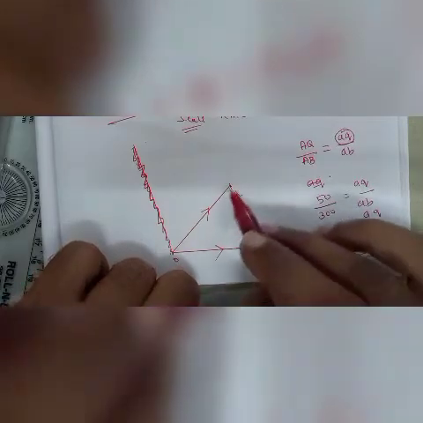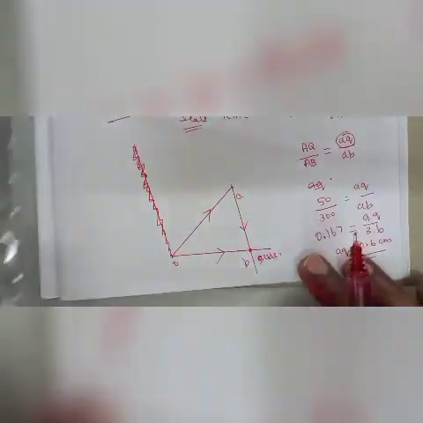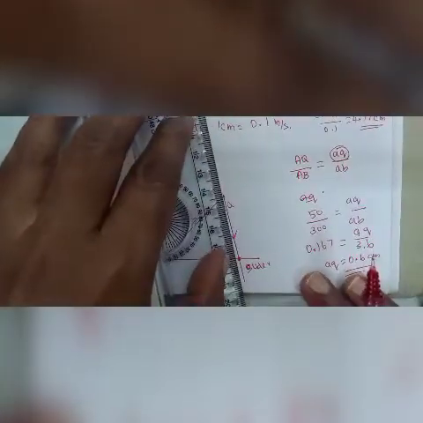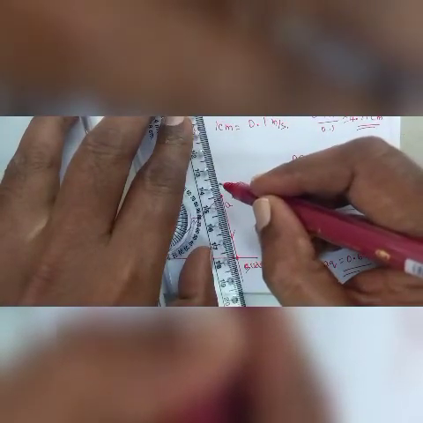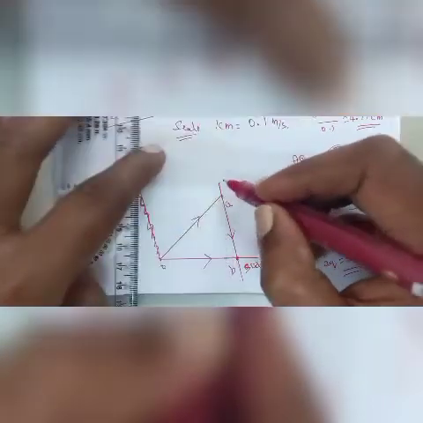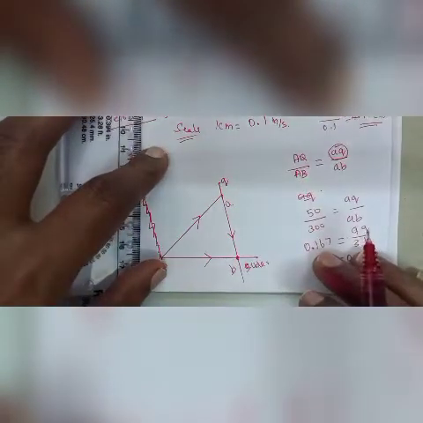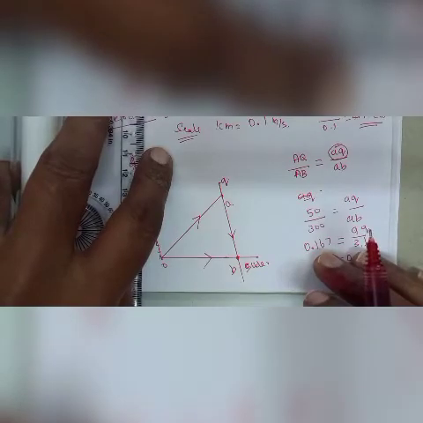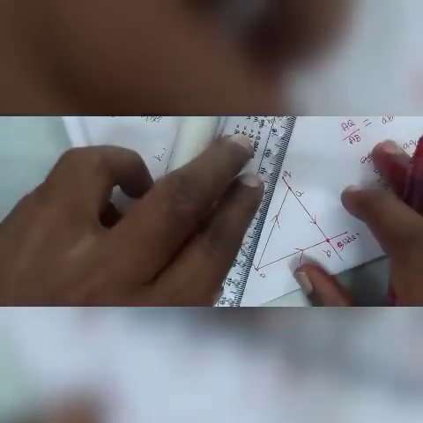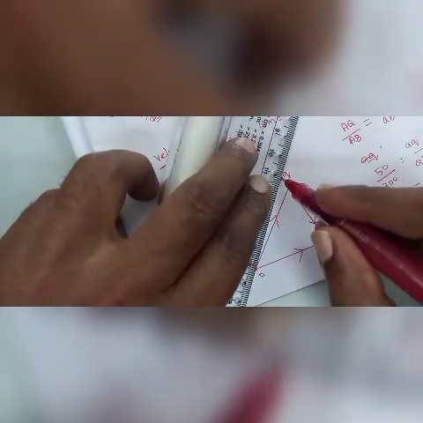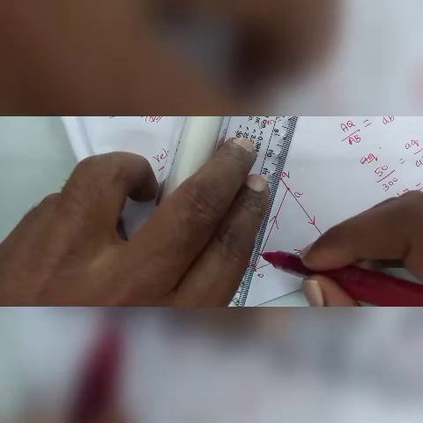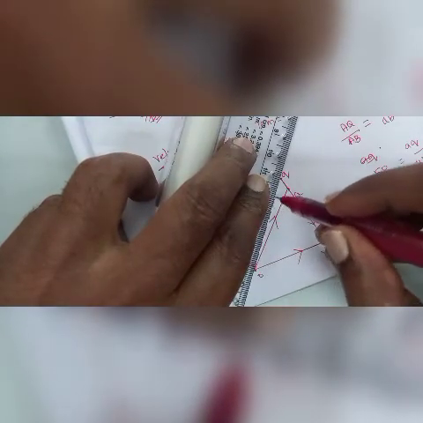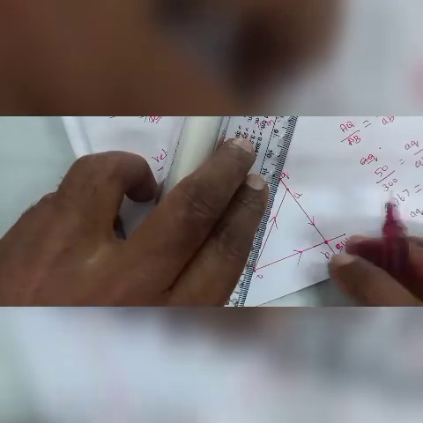So I need to locate this point from a, 0.6 centimeter. Right? So this is b and this is q. So now I have located the value small q. Now I am going to find out the velocity of point Q. For that I need to join this point and the fixed point, right? I have to make a dotted line to join these 2 points.